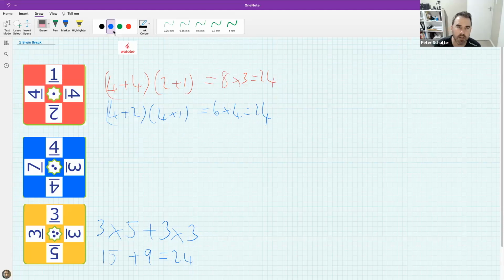But maybe, how would we do the blue one? So 7 times, yeah, the blue one is the one that's still remaining, unless I've missed something. Who can get the blue?